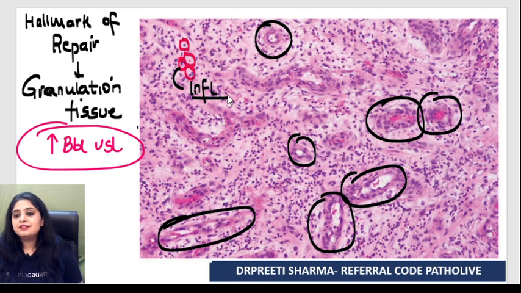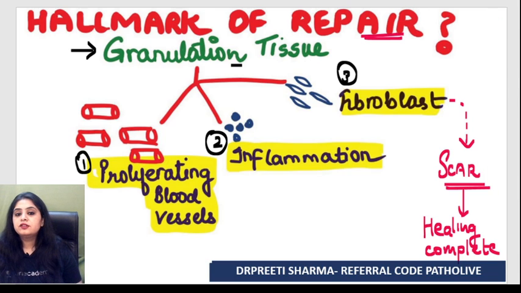And then I see a little bit of elongated ones, although you don't have to identify the third population, that's a fibroblast. So obviously in the exam, you won't be able to pick up these very tiny inflammatory cells and fibroblasts. What is the characteristic thing that you'll be able to pick up will be lots of blood vessels. So remember, the key for identifying a granulation tissue on microscopic examination is going to be blood vessels.